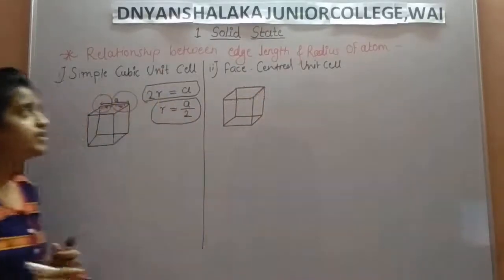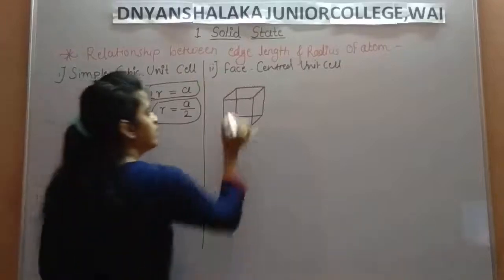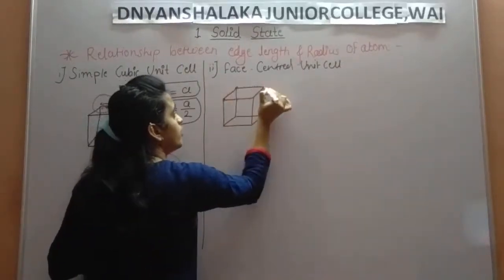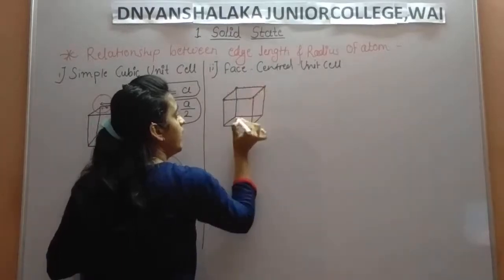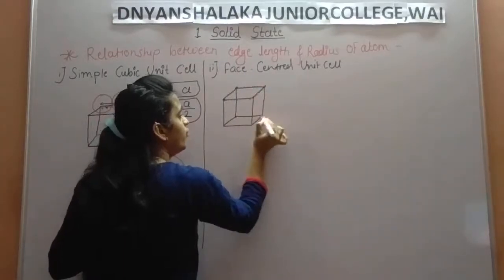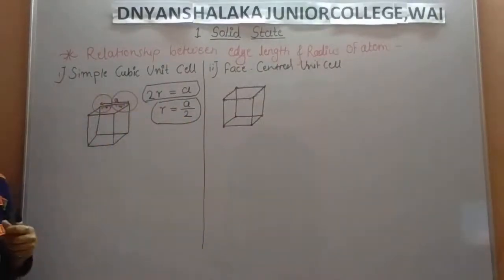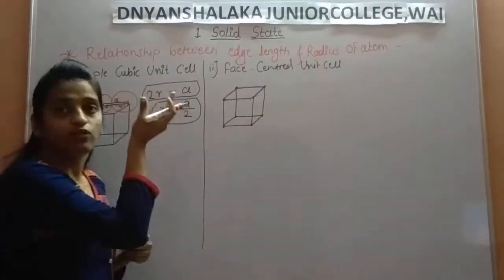So face center unit cell: there are 4 corners on the upper side and 4 corners on the downward side, so a total of 8 corners. But we consider only the upper side of the cube.